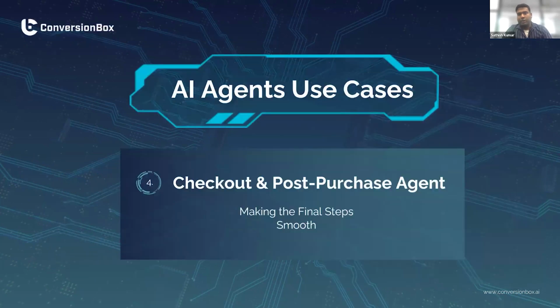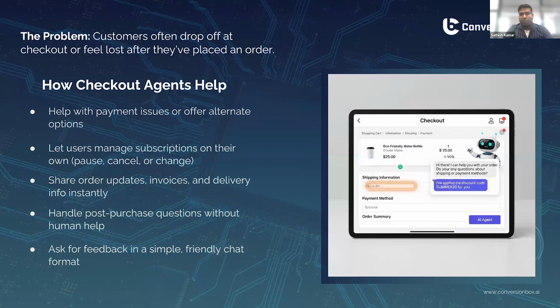And the other use case is checkout and post purchase agents. Many customers drop off on the checkout pages because of so many issues, maybe the pricing, or an additional shipping cost added to the page, or any payment issues.